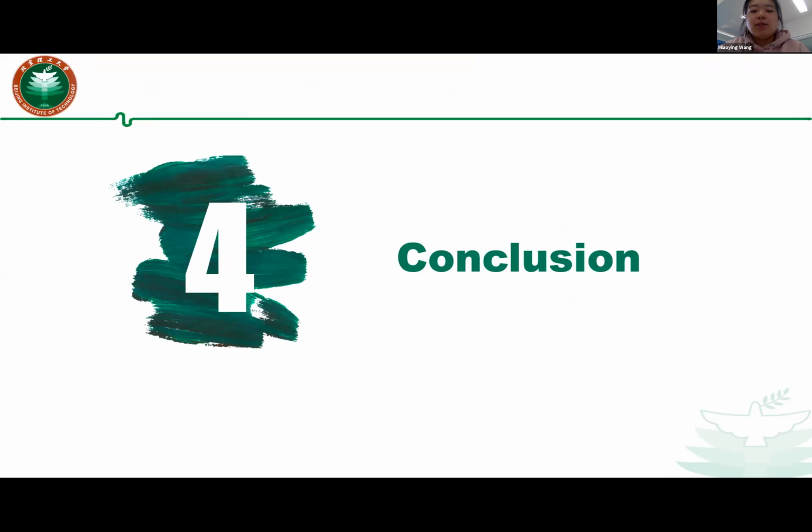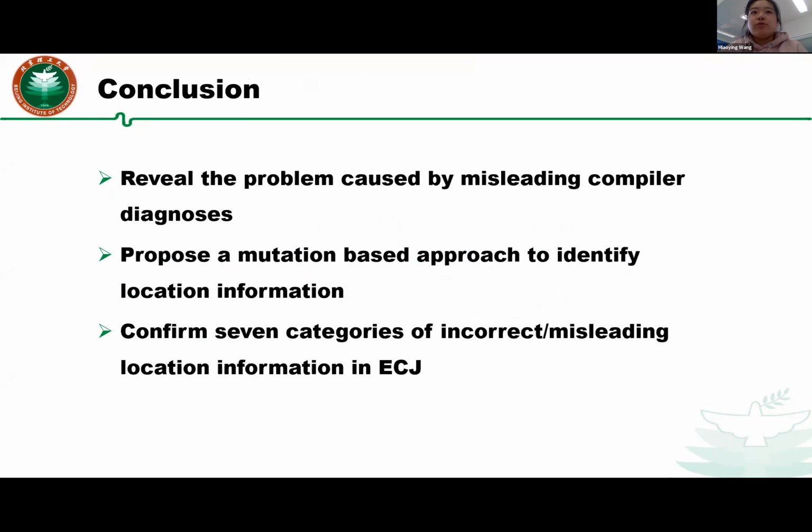Now let's make a conclusion. In this paper, we review the problem caused by misleading diagnosis, and we propose a mutation-based approach to identify location information. To the best of our knowledge, it is the first compiler testing approach dedicated to location information in compiler diagnosis.